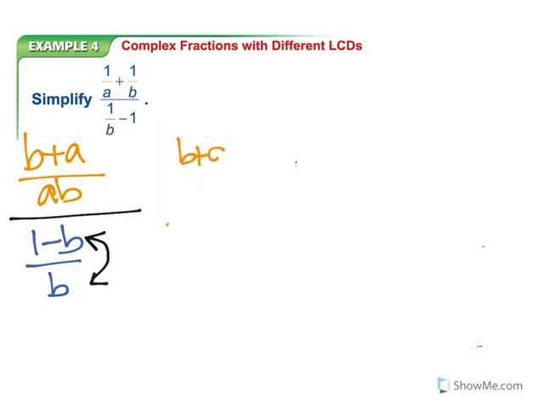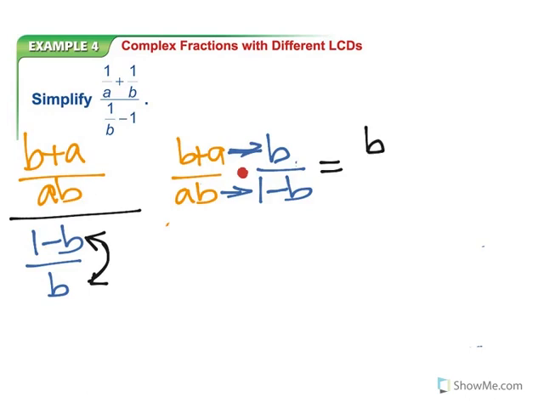Okay, so I'm going to rewrite b plus a divided by ab. We are going to multiply by this flipped fraction, which is now b over 1 minus b. When you're multiplying fractions, you're going to multiply straight across.